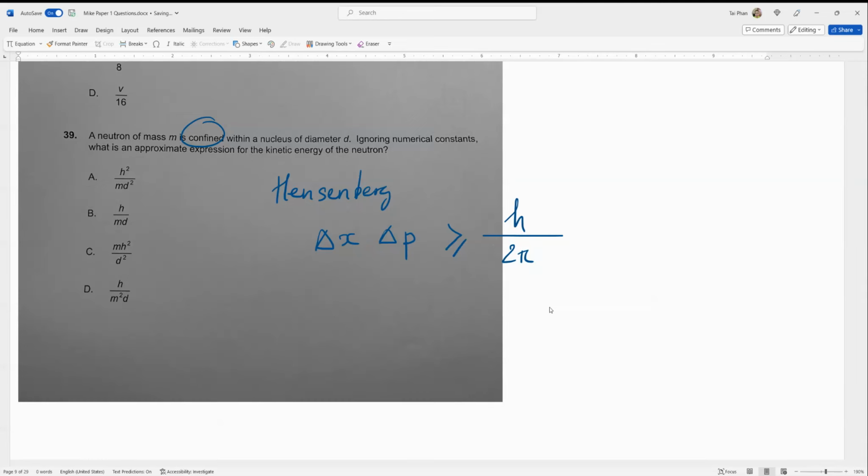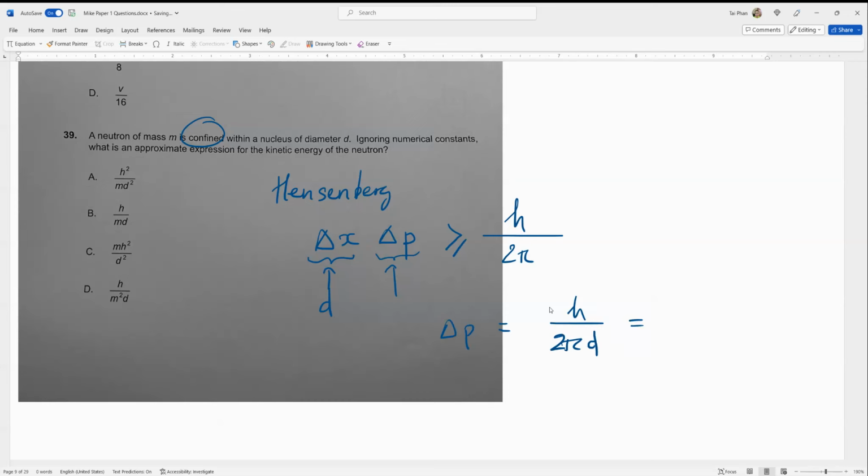And the delta x here is the diameter d. So the uncertainty of the momentum, we can say is like the difference between the average momentum and the maximum momentum, delta p will be equal to h over 2 pi d, because d is delta x.